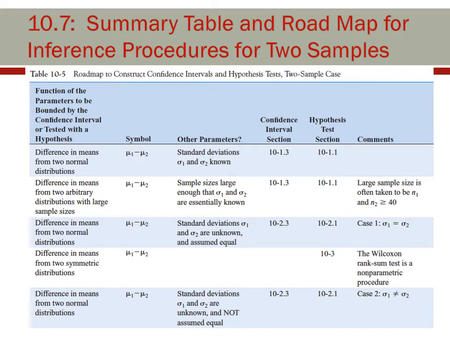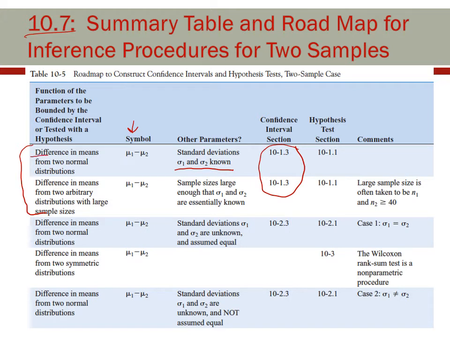It's actually section 10.7, so this is the very end, and it's just a table to let you know what is in this chapter. And what we're looking at in this presentation is going to be section 10.1, and section 10.1 has known variances. All right, we are studying means.